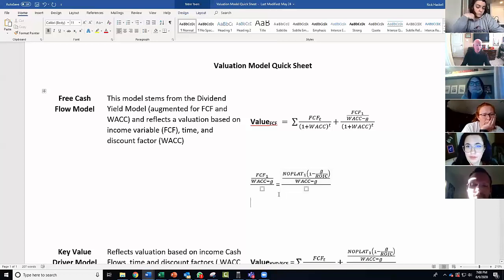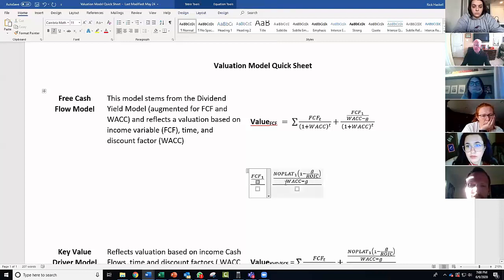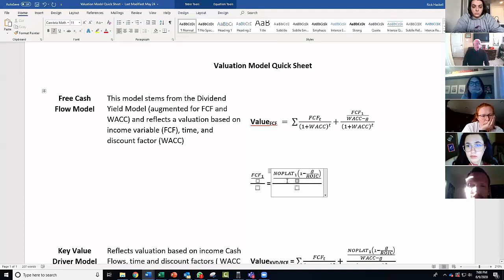If I'm going to multiply both sides by WACC minus g, what's going to happen? They will be gone. Yeah, the WACC minus g is going to disappear. It goes away. History. So these two models differ only in the continuation term.